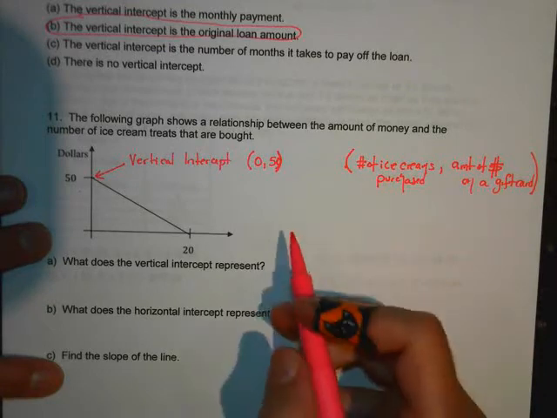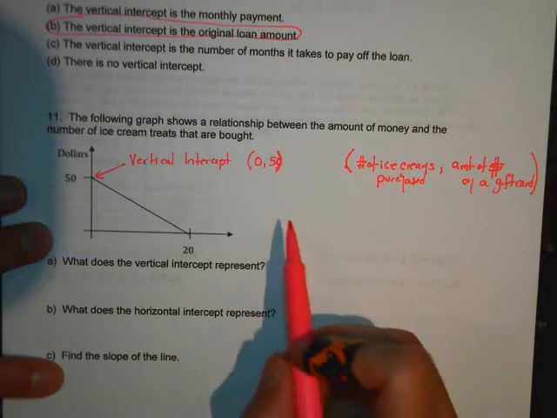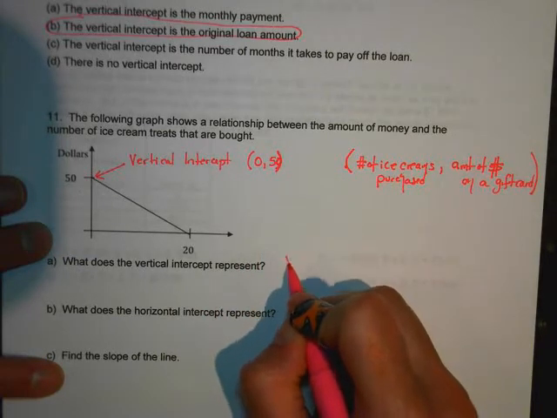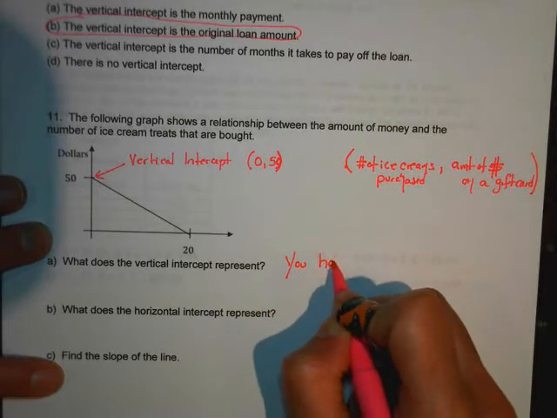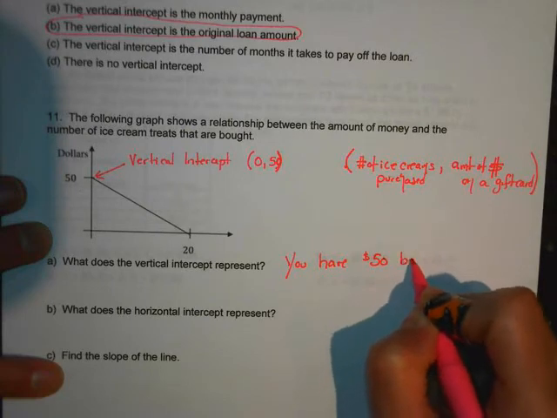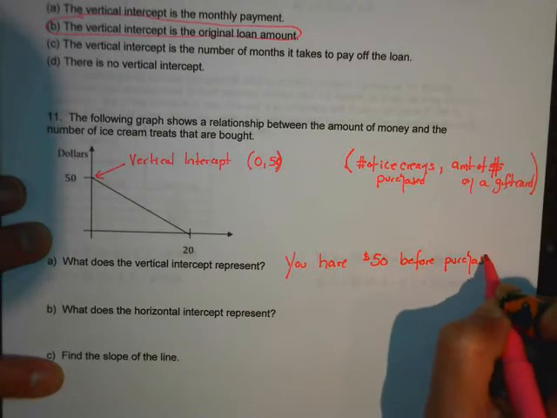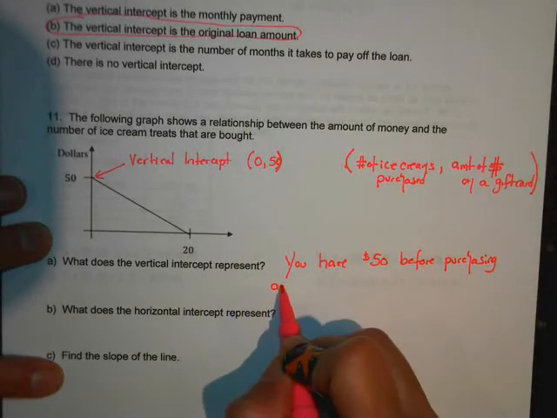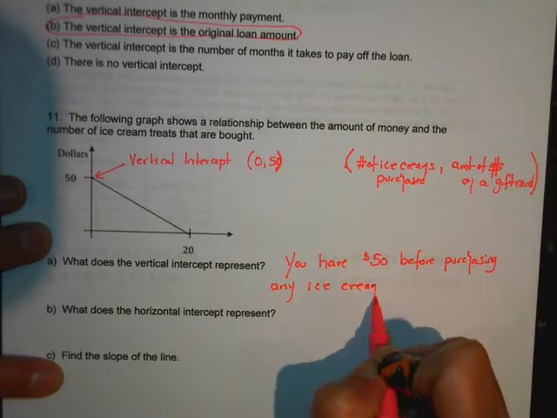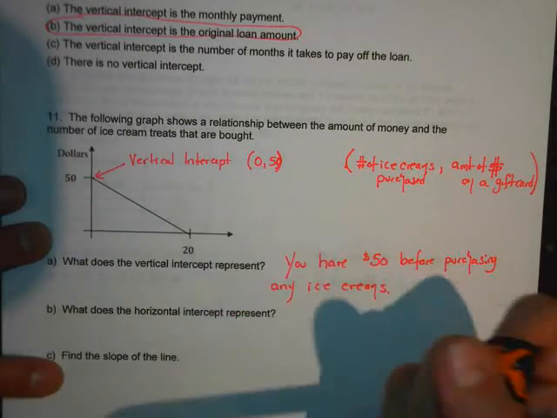So this means before you start buying ice creams, you have $50 to spend, right? So you have $50 before purchasing any ice cream. So this is the horizontal intercept right here.